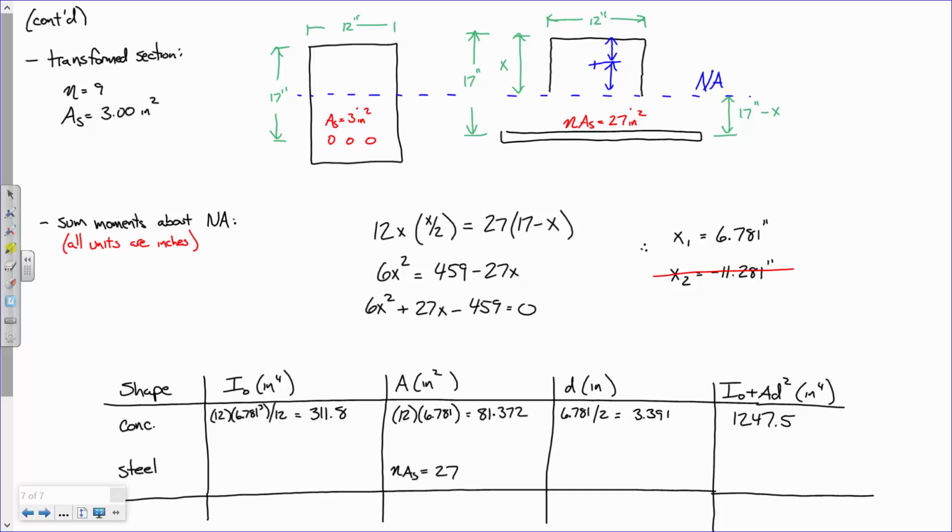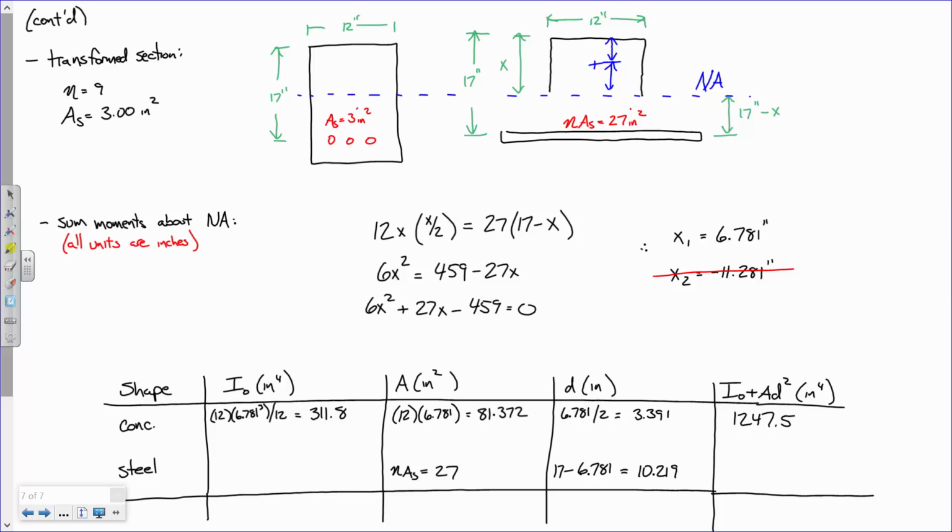How far is it from the centroid of that box to the centroid of the whole thing? 17 minus x, so 17 minus 6.781. That's going to get confusing. Hold on. 17 minus 6.781. What does that come out to be?